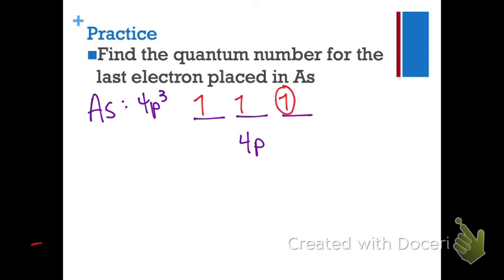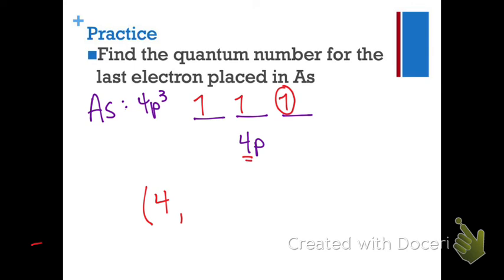Okay, so let's start our quantum number. We know that the first part of our quantum number is the energy level. So what number? 4, right? It comes right from there. 4. The second part of our quantum number tells us the shape. Good. So what numerical value goes with the p orbital? 1, right?